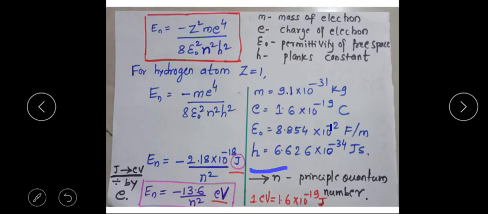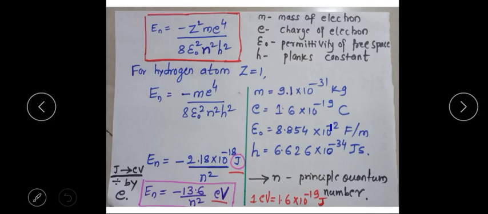To convert joule to electron volt, we divide the above equation by 1.6 into 10 to the power minus 19. After dividing, you get minus 13.6 divided by n square, where n is the principal quantum number.